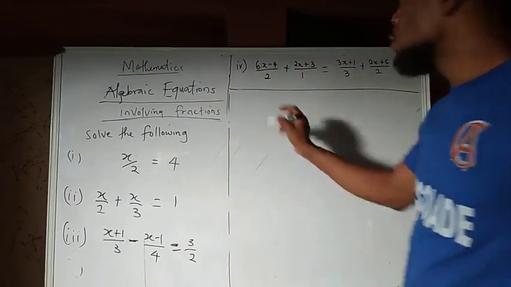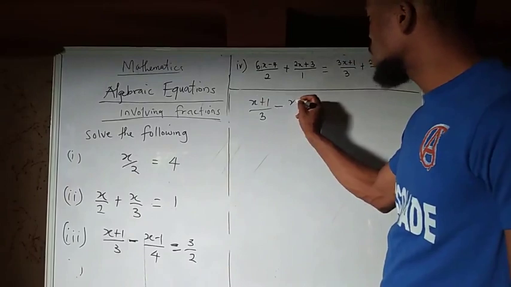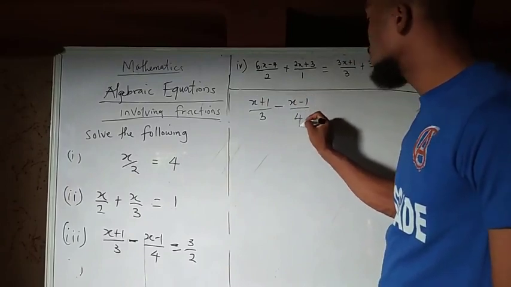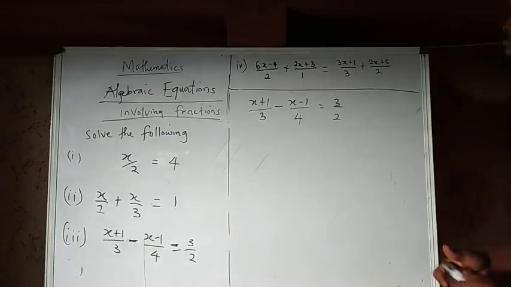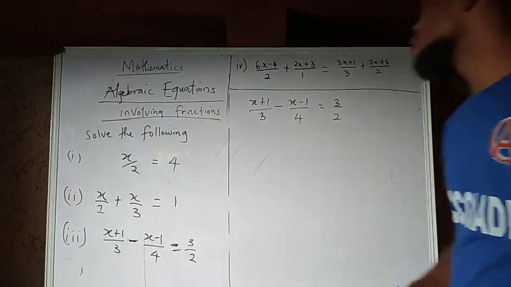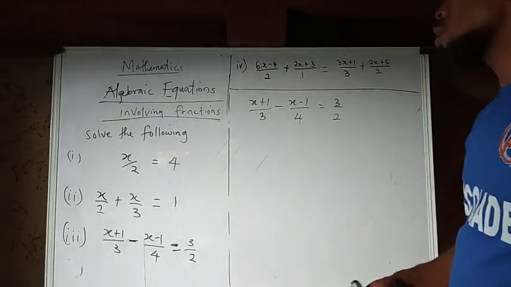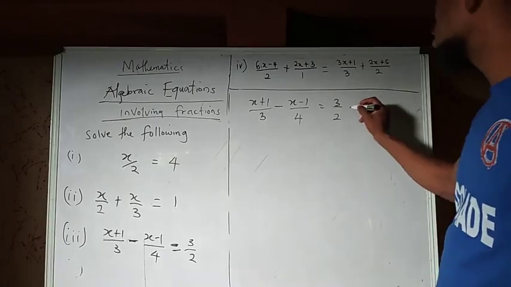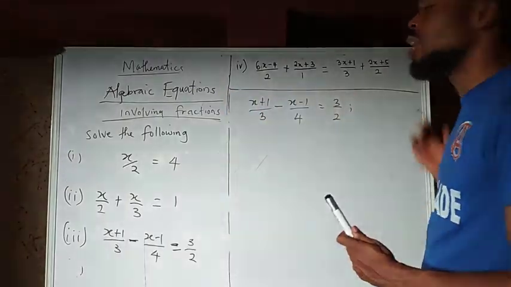In the next example, we have x plus 1 divided by 3 minus x minus 1 divided by 4 equals 3 over 2. Okay, so this question is very, very simple. All you just need to do, in the same way, is get the LCM of all the denominators and then use it to multiply through.